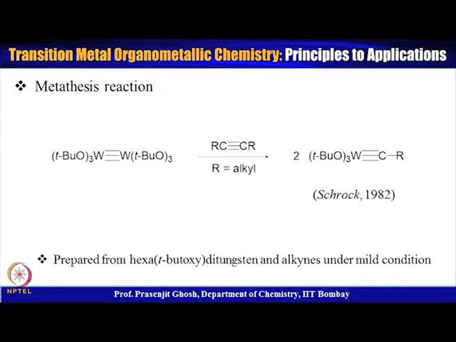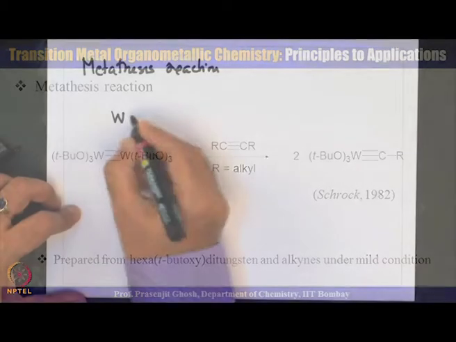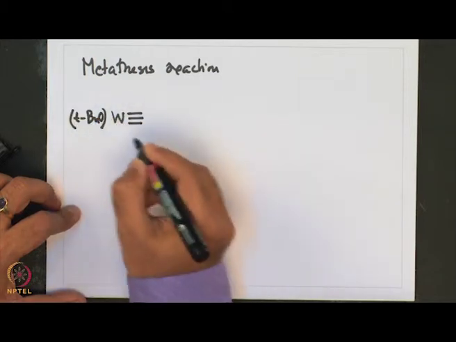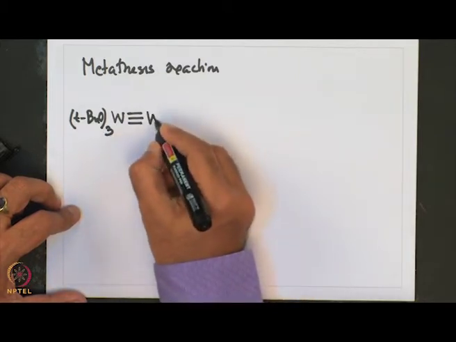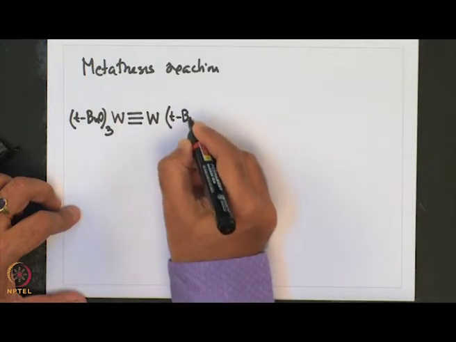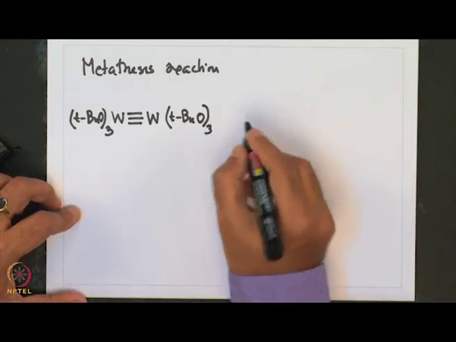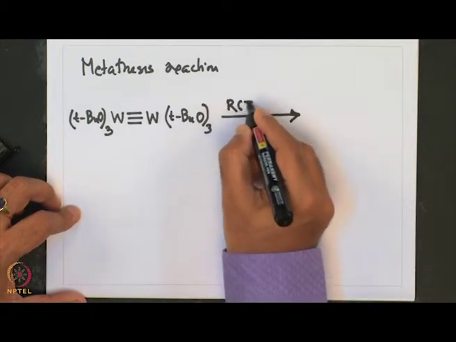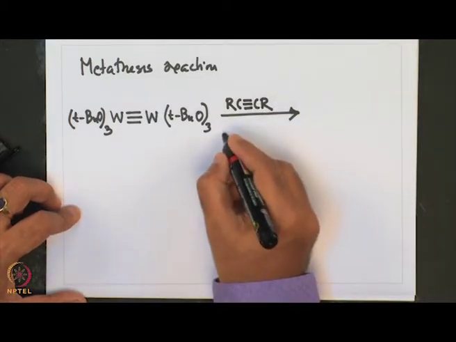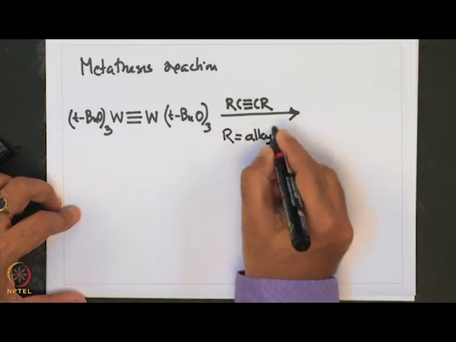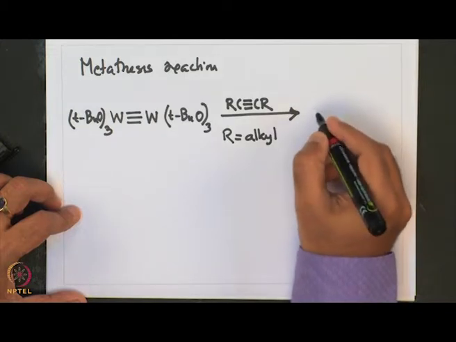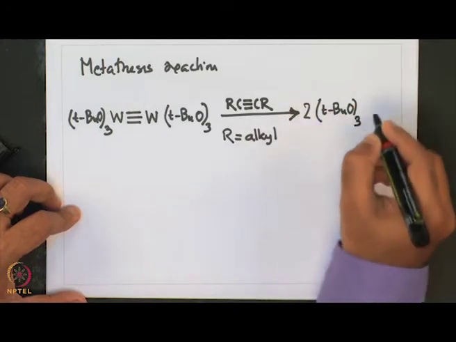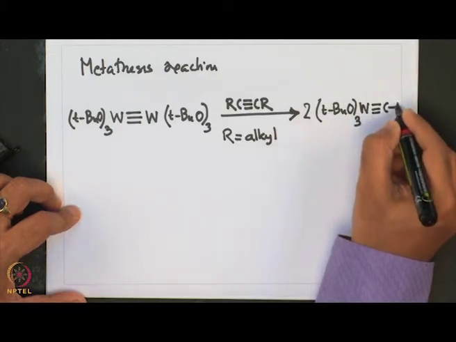So, the example of this reaction involves a tungsten tert-butoxide, W2(OtBu)6, that reacts with an alkyne RC≡CR, where R is an alkyl, to give 2 of (tBuO)3W≡CR.